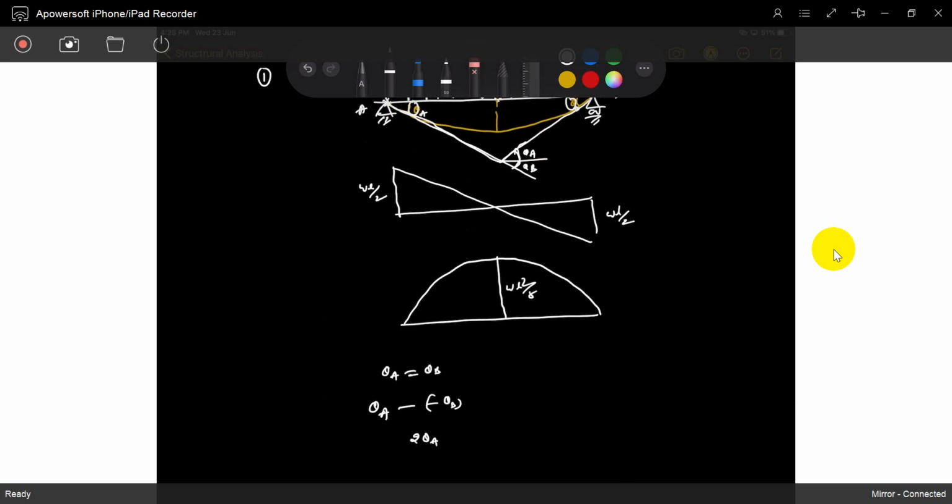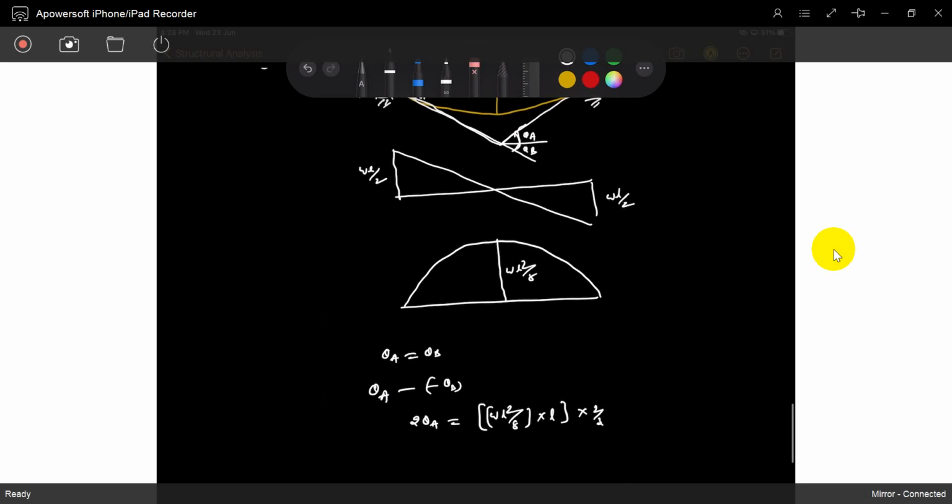So you will write theta A is equal to the area of the bending moment diagram. What is the area of the bending moment diagram? WL square by 8 into L, into 2/3. So what is the value? 4 WL cube by 12. What is the slope here?